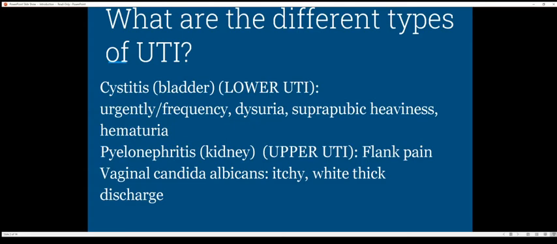It was always cystitis mostly, and then some pyelonephritis, complicated or uncomplicated. But the yeast infection, I think it's called balanitis when it's the inflammation of the head of the penis. So it's a candida.